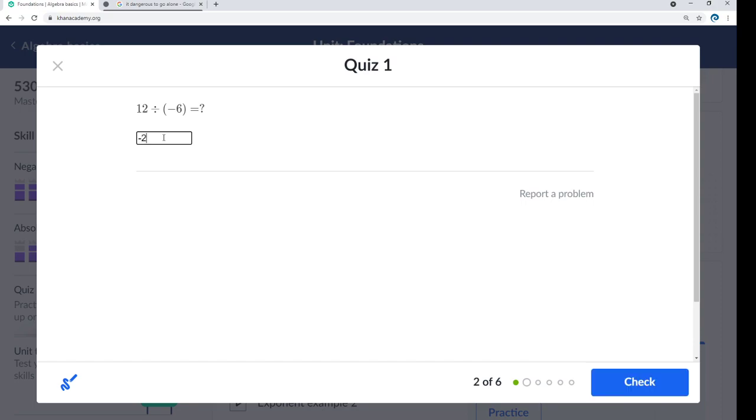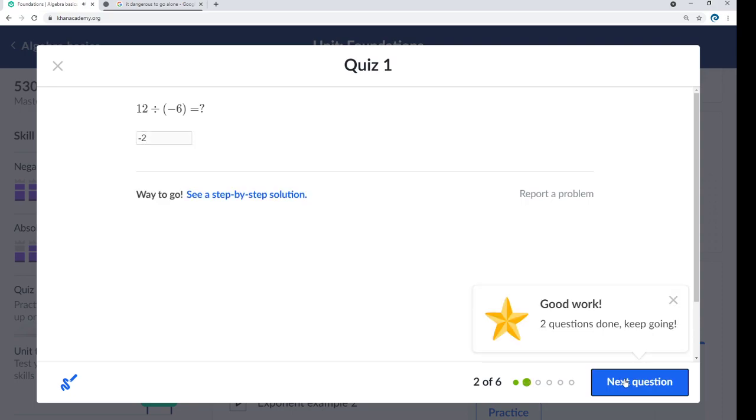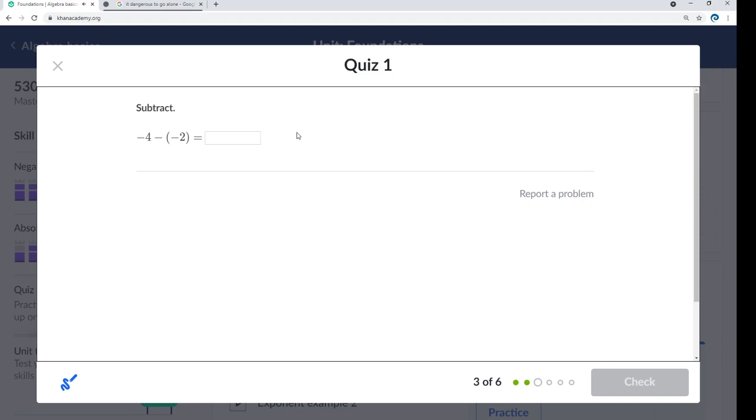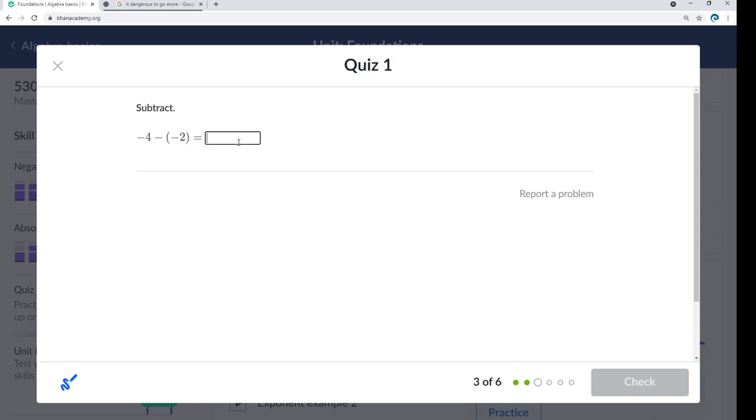So I think that's -2. If I'm wrong, I'm going to cry. Yes! Cosmic saved me with that one earlier. So now we have -4 minus -2. So that's basically addition, so that's going to reduce it to -2.